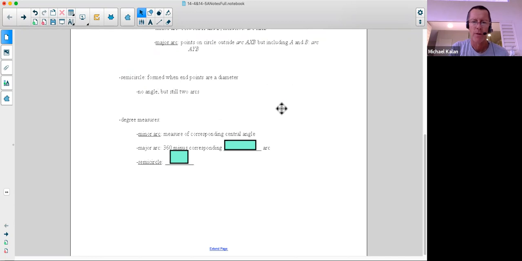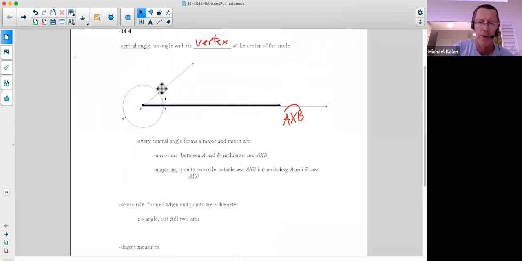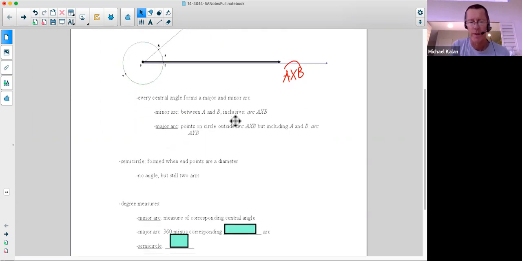So the minor arc's degree measure is the measure of the corresponding central angle. So let's say central angle APB here was, I don't know, what does it look like, 40 degrees. Then we would say the measure of minor arc AB or AXB is 40 degrees.